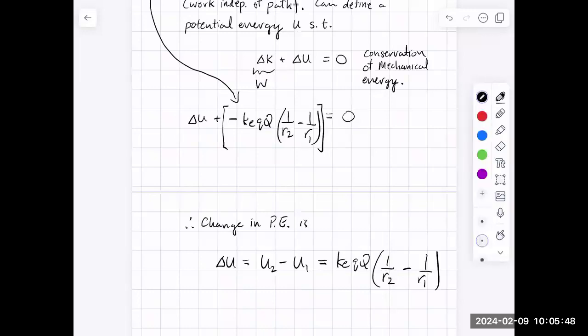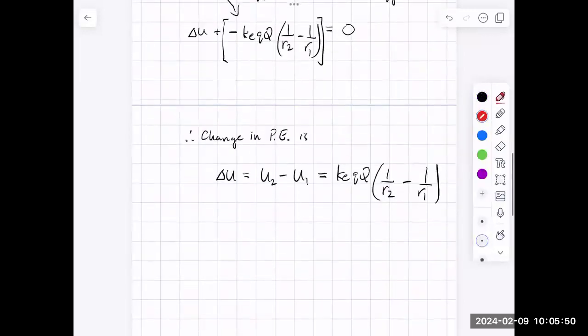And so what we're going to do is associate the final potential energy with the coordinate at the final position and the initial potential energy with the coordinate at the initial position. And then what we end up with is this expression for the potential energy between our pair of point charges.